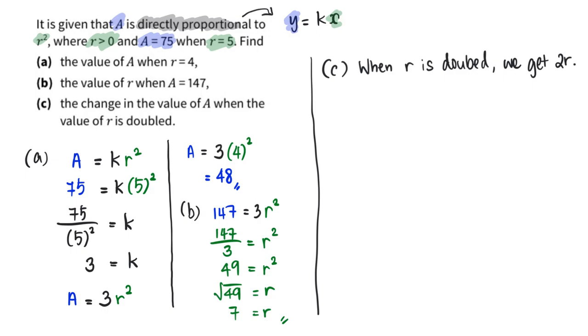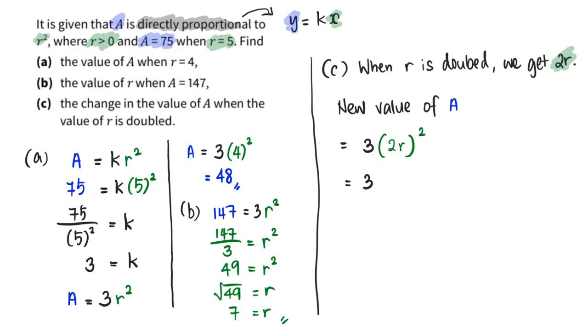So this is particularly important because when we have our new value of A, this is equals to 3R squared, right? But my R is 2R now.